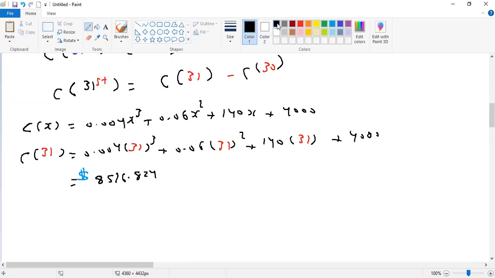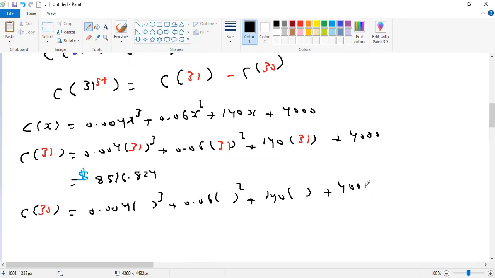Now, the total cost of producing 30 units equals 0.004x cubed plus 0.06x squared plus 140x plus 4,000, where x is 30.